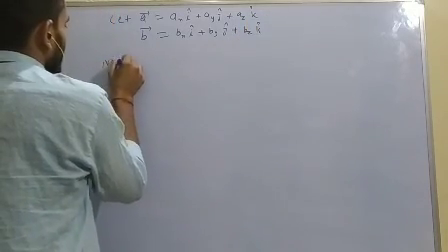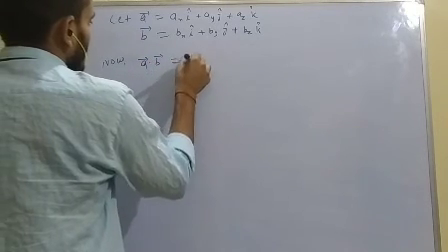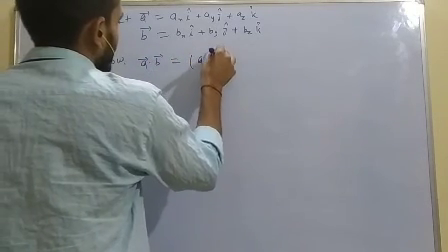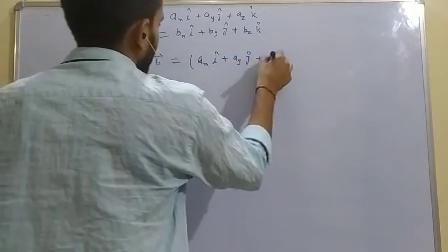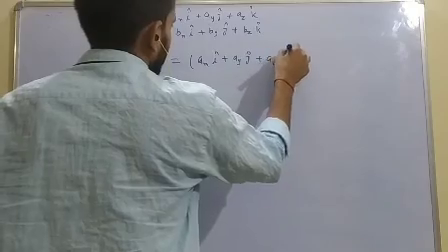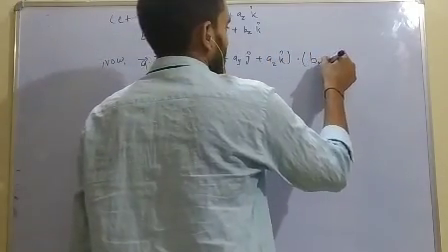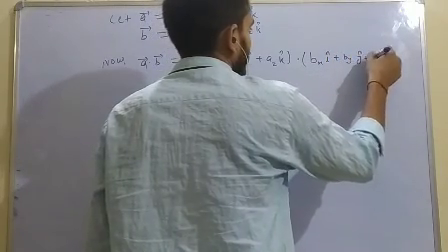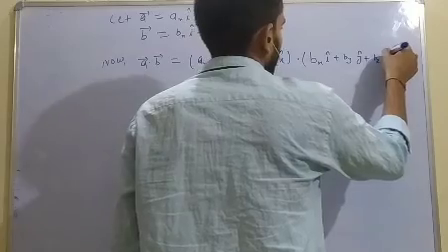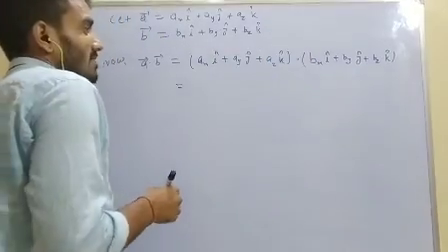Now vector A dot vector B equal to ax i cap plus ay j cap plus az k cap dot bx i cap plus by j cap plus bz k cap.